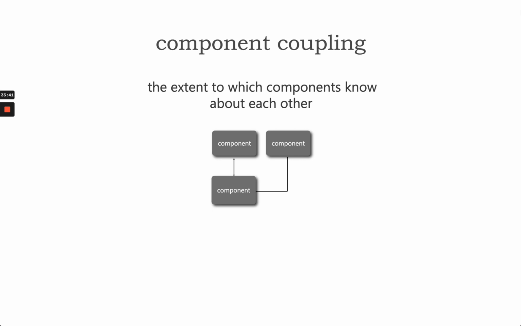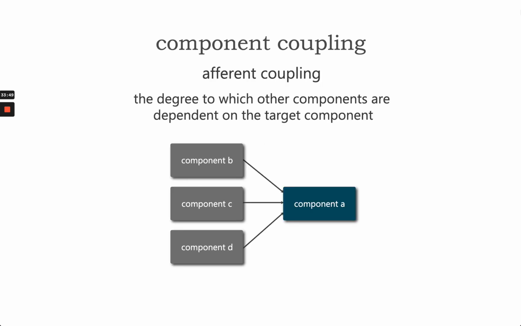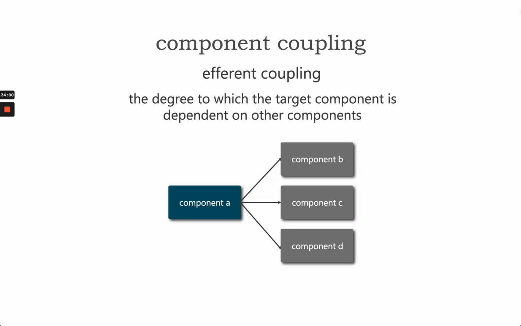One of the things that we care about with components, one of the things that we can objectively measure, is the coupling characteristics of components, including 2 well-known metrics here: afferent coupling, which is the number of incoming connections to a particular component, and efferent coupling, which is the outgoing connections.